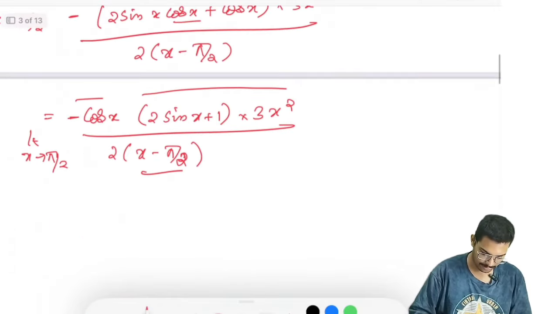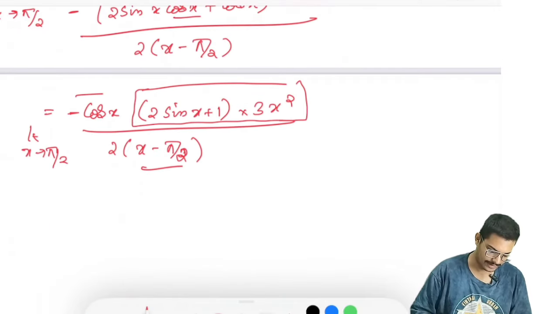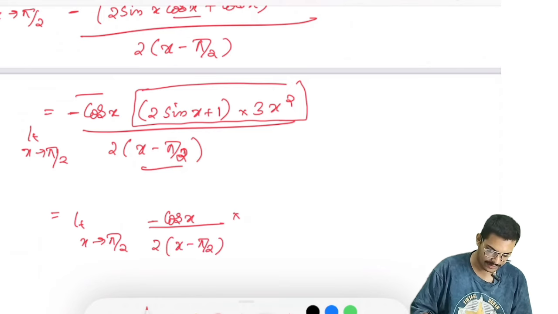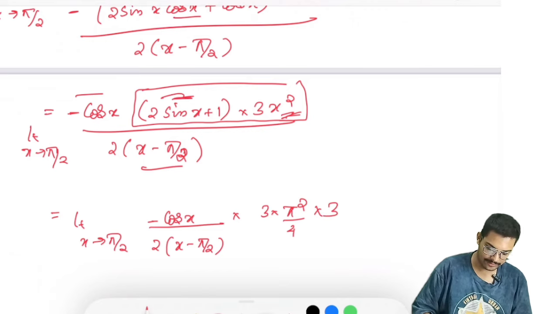Here I am applying that property. I can directly calculate this limit and multiply with this limit. It will be limit x tends to pi by 2, minus cos x divided by 2 into x minus pi by 2. Here 3 is there, x square, x is pi by 2, it is pi square divided by 4, into sin pi by 2 is 1, 2 into 1 is 2, plus 1 is 3.